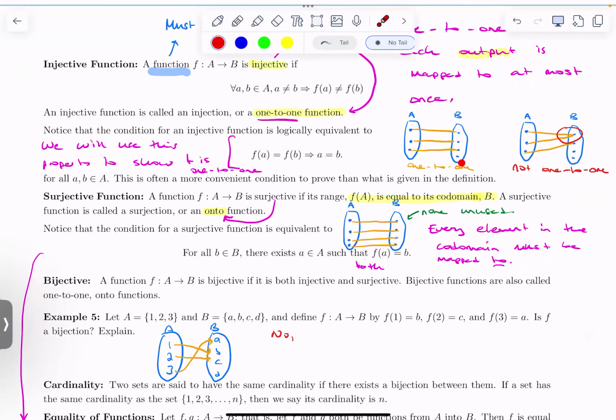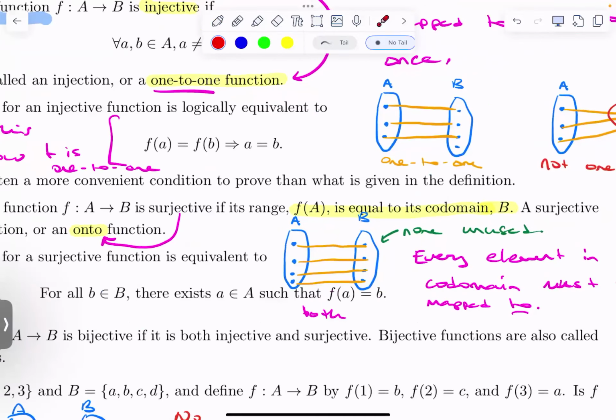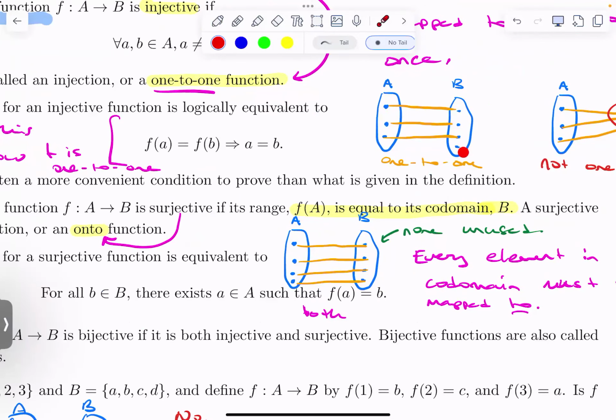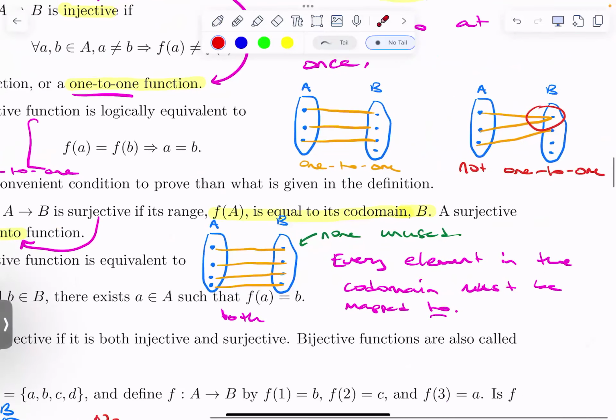Can be 1-to-1. You're allowed to have a leftover in 1-to-1. You just can't map to, so two different things can't map to the same thing. That's the only condition of 1-to-1.